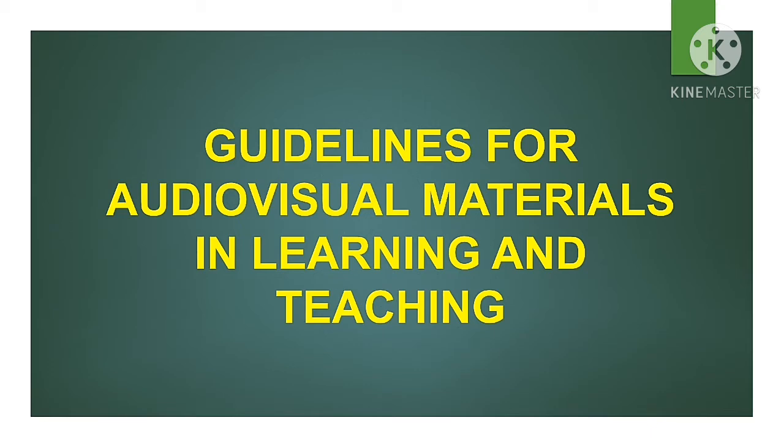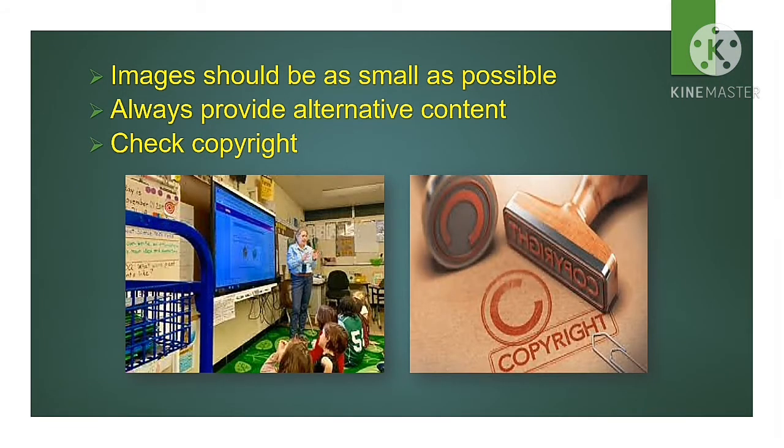Guidelines for audiovisual materials in learning and teaching. First is images should be as small as possible. The picture should be in appropriate size, must be clear to the sight of the student. Next is always provide alternative content. Next is also check copyright.